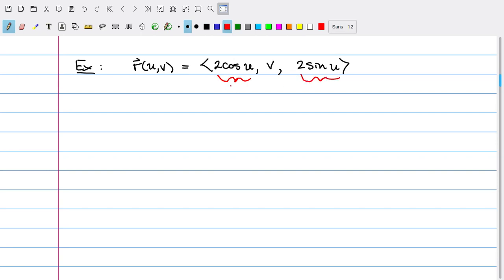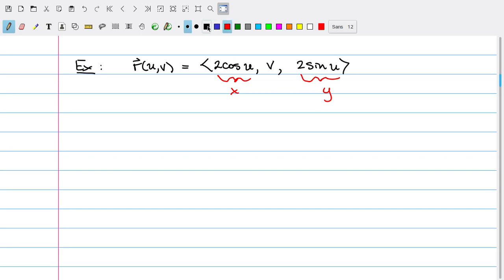Let's look at another example. In this example, I'm going to let my parametric equation be 2 cosine u, v, and 2 sine of u. In this case, I can check that my x value and my other value here will be related.